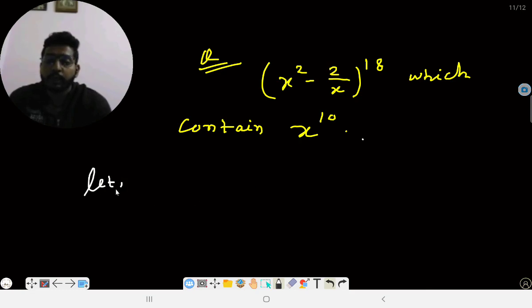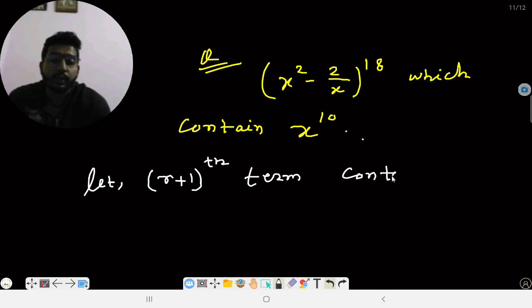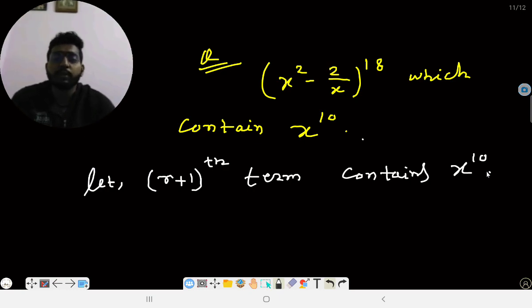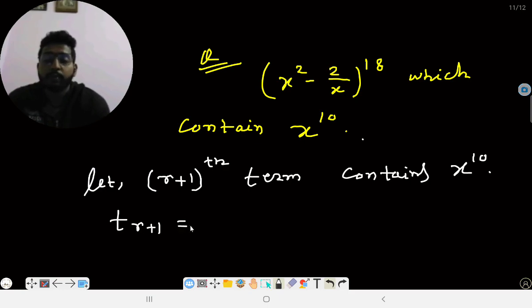First you have to let the r plus 1 term contain x to the power 10. Same thing as for independent of x, you take the r plus 1 term containing x to the power 10. Now again the same thing, you have to find Tr plus 1. What will be Tr plus 1?